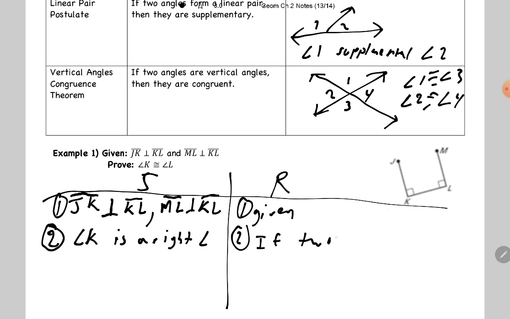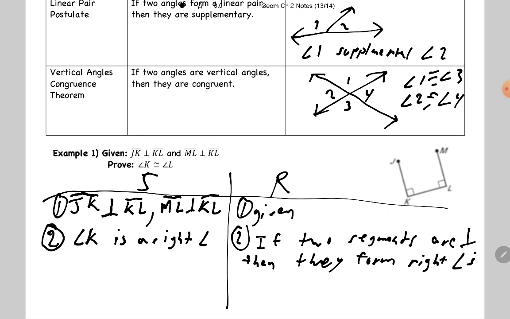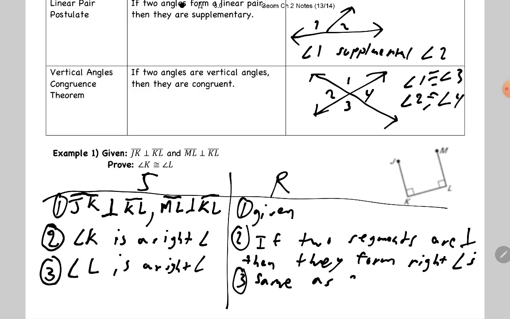If two segments are perpendicular, then they form right angles. And then 3, angle L is a right angle. Why? Because of the same reason. So you can say same as 2, because we're just going to write the exact same thing.